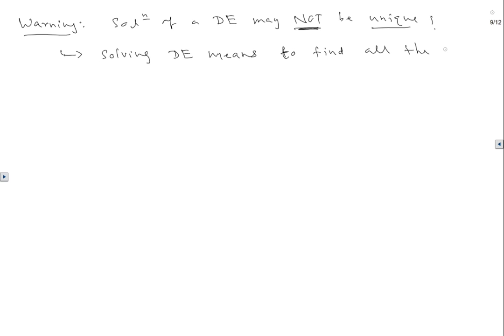All the solutions means the general solution. The general solution normally contains constants, depending on the order. If it's first order, you're going to get 1 constant. If it's second order, you're going to get 2 constants, like that. But we can talk about that later. So solving a differential equation means to find all the solutions.